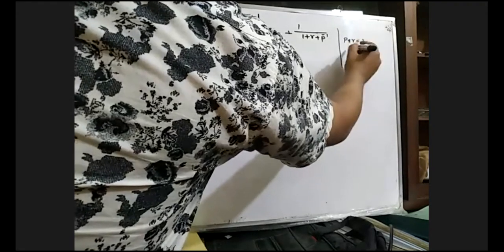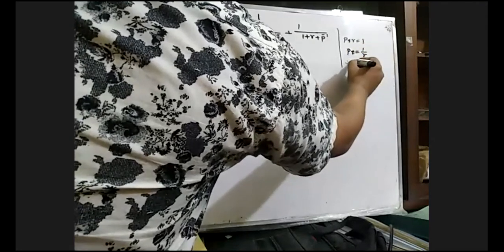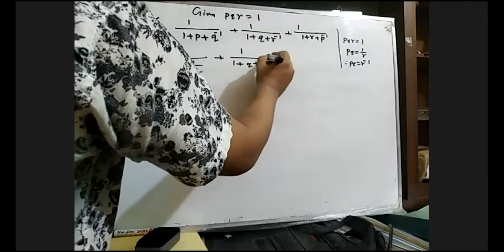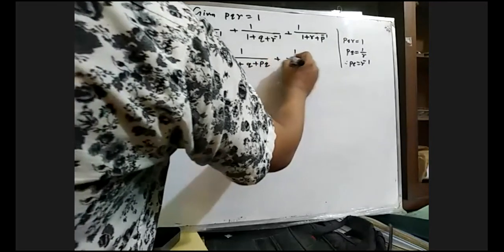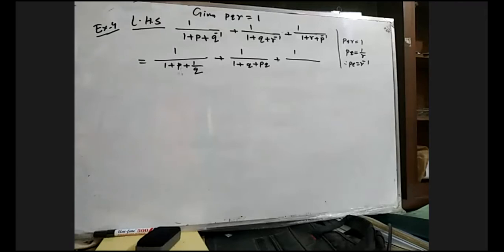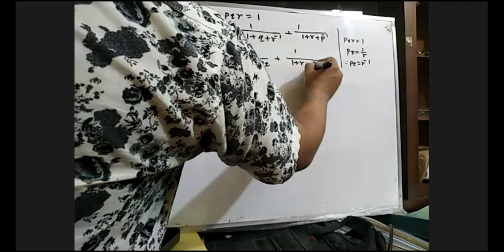PQ equals to what? PQ is 1 by r. Therefore, PQ equals r to the power minus 1. This can be written as what? 1 plus r plus 1 by p.